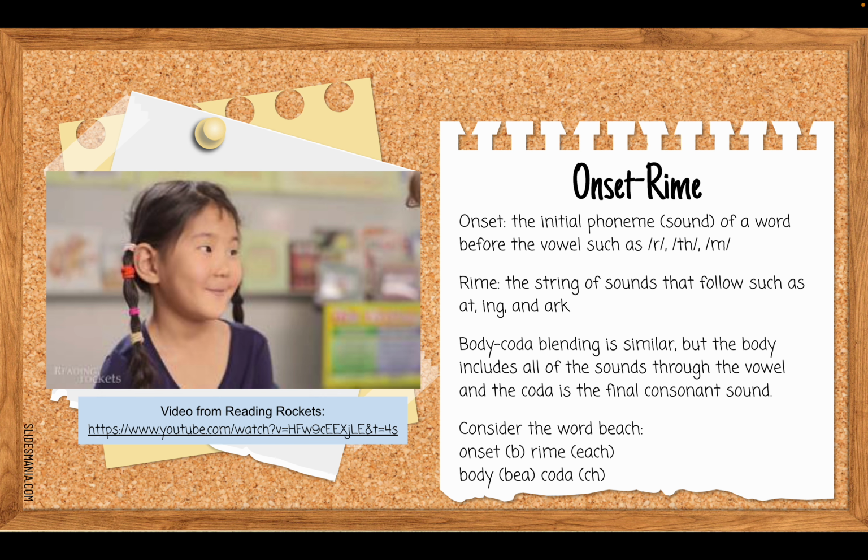And you'll see how they're using little felt squares to represent the different sounds and when they're bringing those sounds together, so you can kind of see what a phonological awareness activity for onset and rhyme or for body coda blending looks like. Because again, this is all orally. The students don't see the letters at this point. You're just helping them better identify sounds and practice segmenting them, pulling them apart, and blending, putting them together.